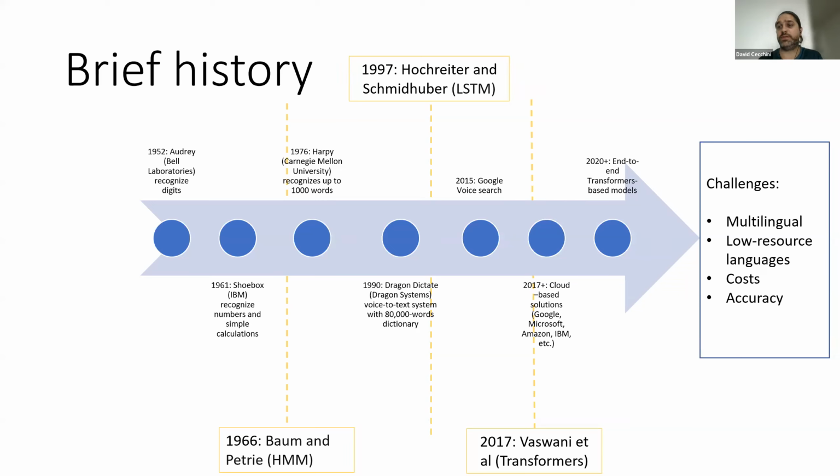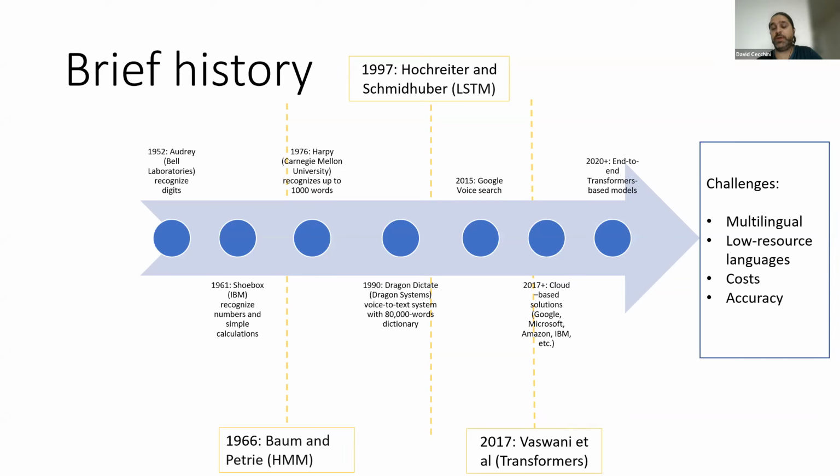Later on, it was bought by other companies. And this was already a very, very robust solution in the '90s. It was able to identify 80,000 words in the dictionary, so it was already a production-ready solution.